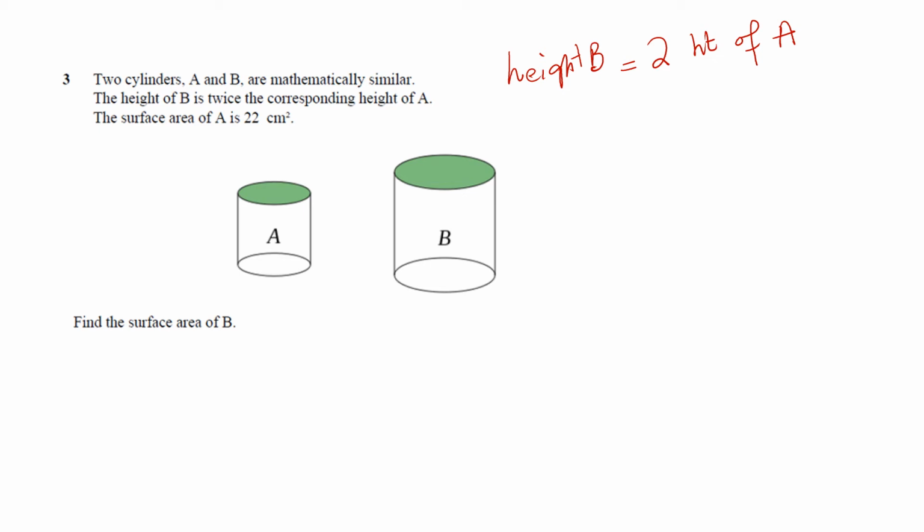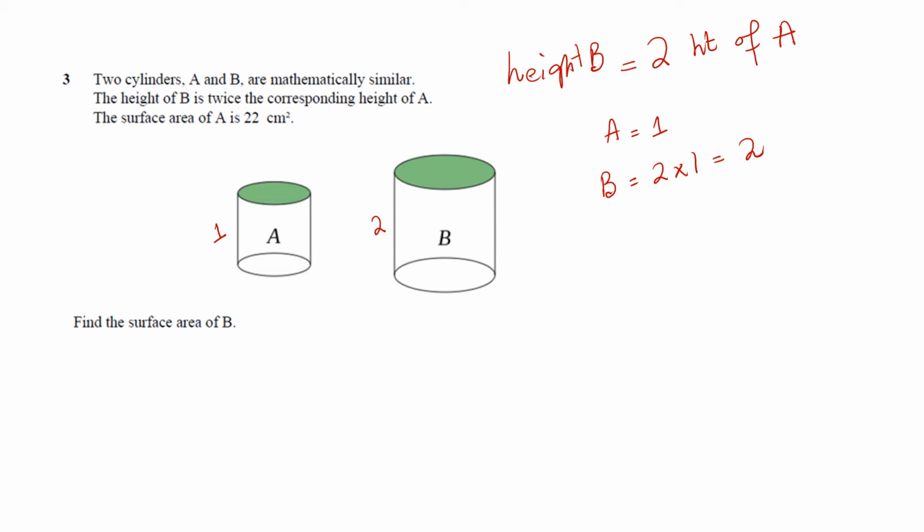That if the height of A is 1, the height of B is 2 times 1, which gives us 2. Get it? So height is 1 and here the height is 2 because it is twice the height of A.